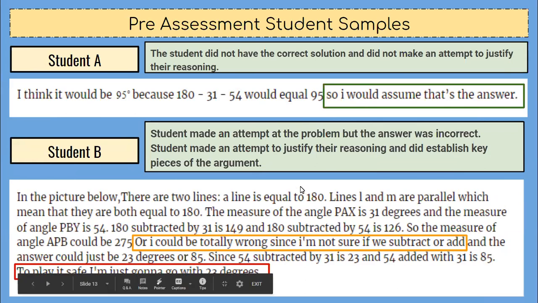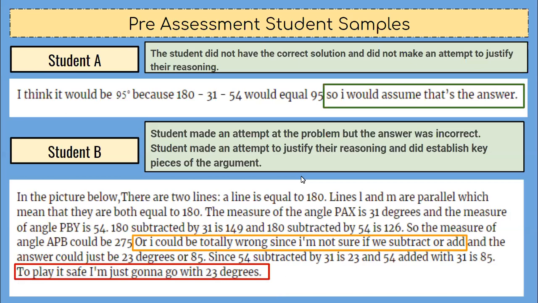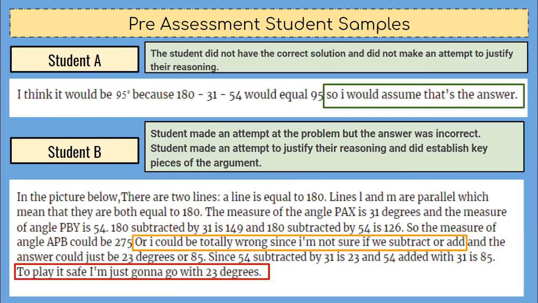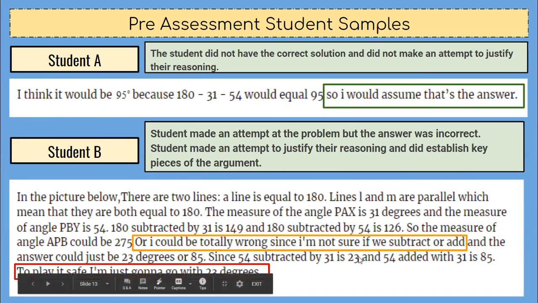And then I have student B who wrote a lot of information, but when you really broke down what they wrote, you could see that they were guessing, they were not really sure, and that they were just trying to throw it up there as much as possible, but they were not really sure on what their answer was or what their argument was. And these were common trends that I saw throughout while I was grading their pre-assessments.